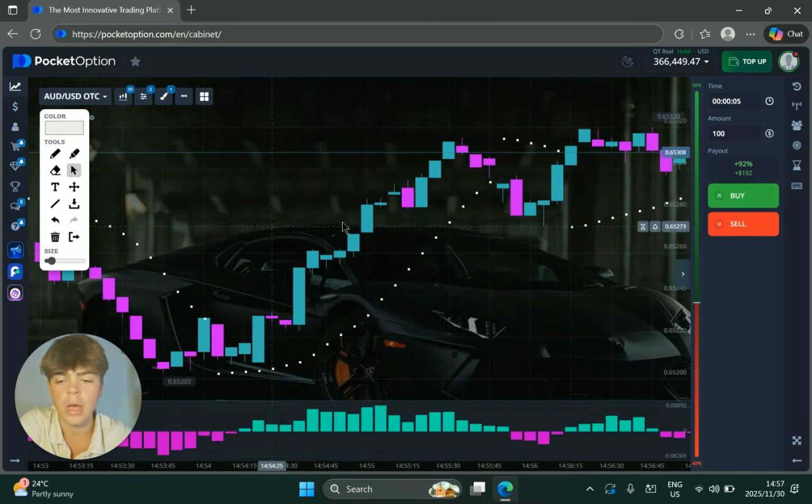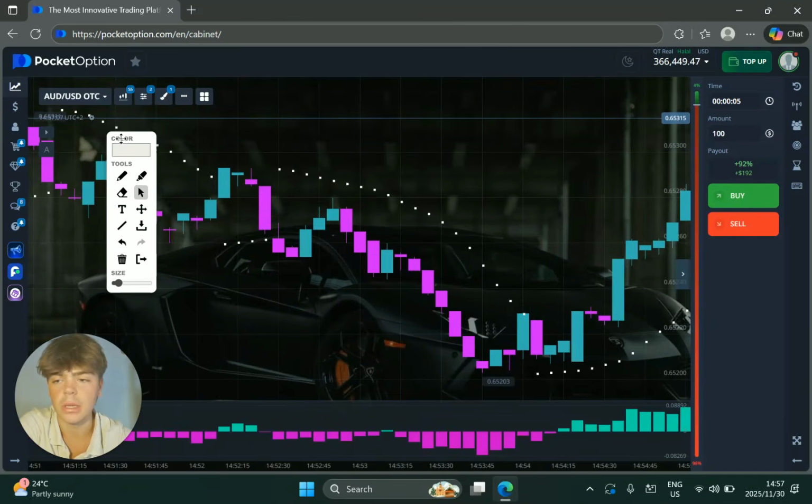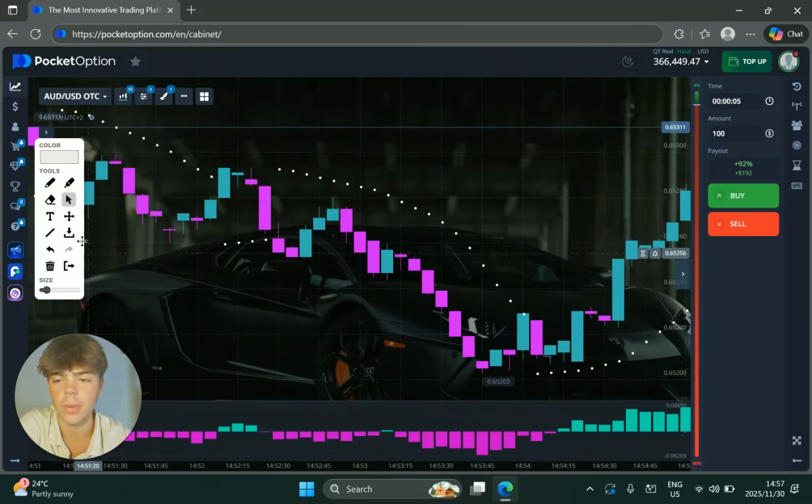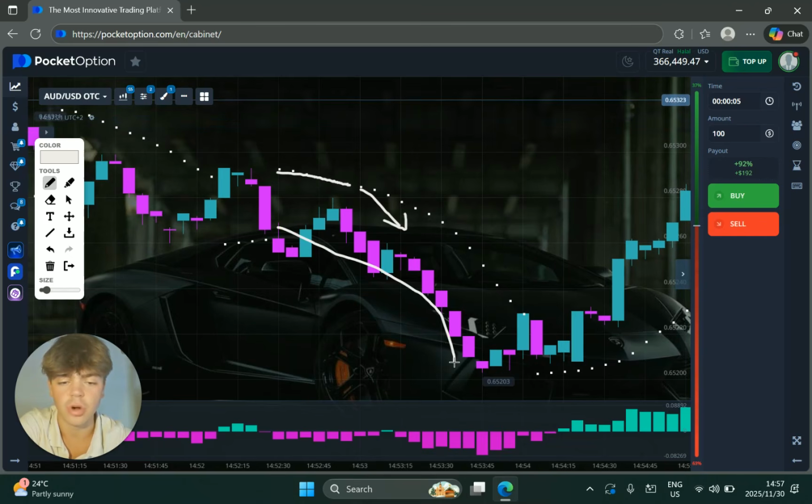to you all. How it's going to work is, let's firstly break down the indicators. Let's start with the parabolic SAR. How the parabolic SAR works is when the dots are above, like this, there will be a downtrend. As you can see, when the dots are above, we have a strong move to the downside.